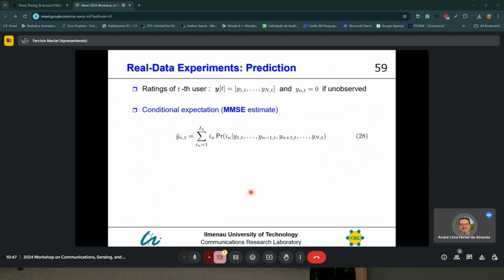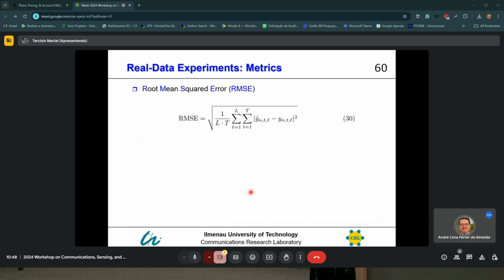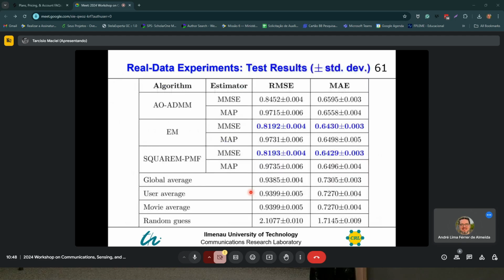We've already talked about the 2 ways of estimation, the MMSE and the MAP. The metrics are the RMSE between the true and estimated ratings, and the mean absolute error between the 2 as well. These are the results here. We have AOADMM, the technique that uses the 3D marginals.